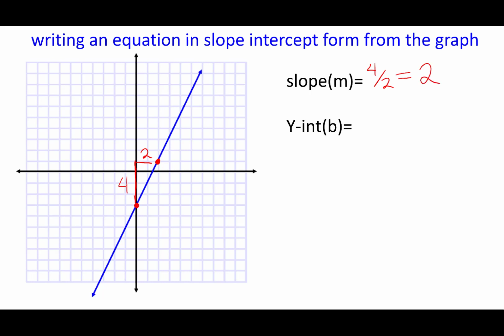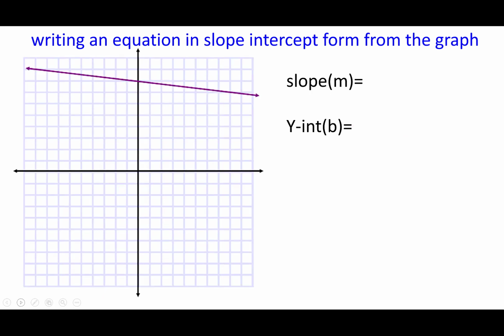Now the y-intercept, guys, remember, is the point where we cross the y-axis. Okay, that's my b, which is the point 0, negative 3. So we get y is equal to, my m is 2, x minus 3.